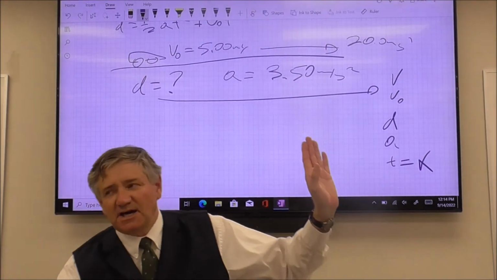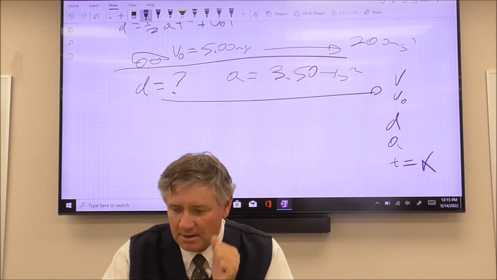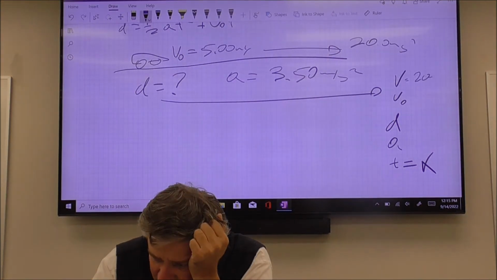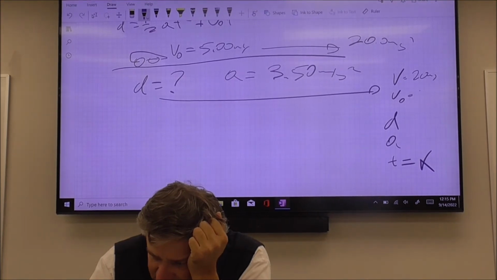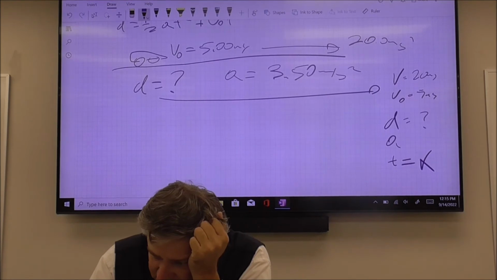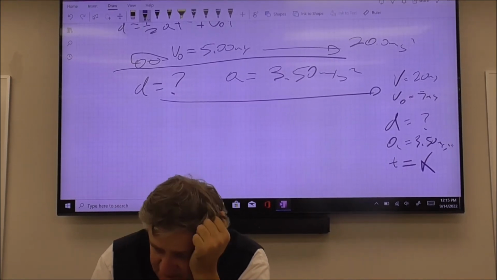I'm not asked to find time, I'm not given time. I know my final velocity is going to be 20 meters per second. My initial velocity is 5 meters per second. Distance traveled is what I don't know, and I know my acceleration is 3.5 meters per second squared.